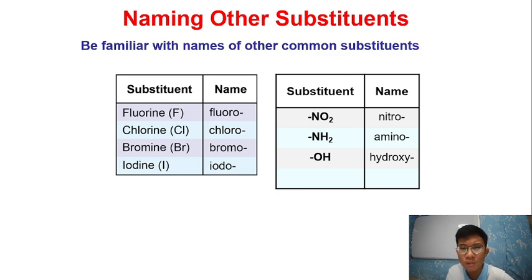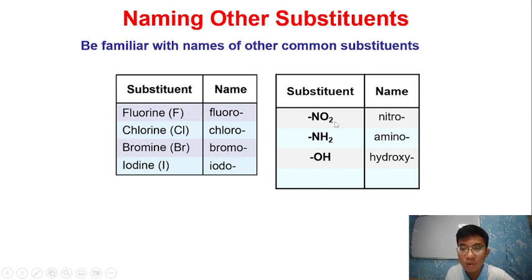Common substituents. On the left are the substituents of the halogens, which you encountered last time in the introduction to organic compounds. We have fluoro, chloro, bromo, and iodo for F, Cl, Br, and I. Now, I'll advance you a bit.